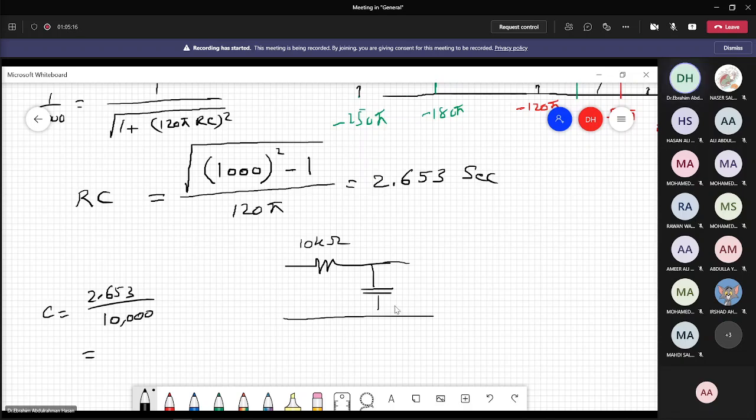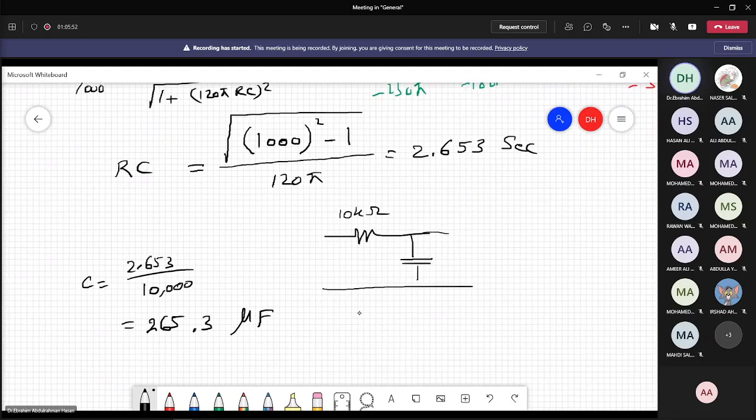I need to calculate it here, it is equal to 265.3 microfarad. So this is the value of C.